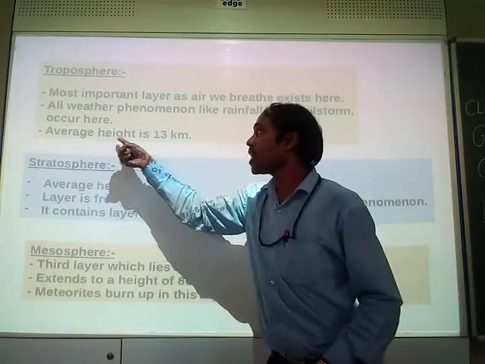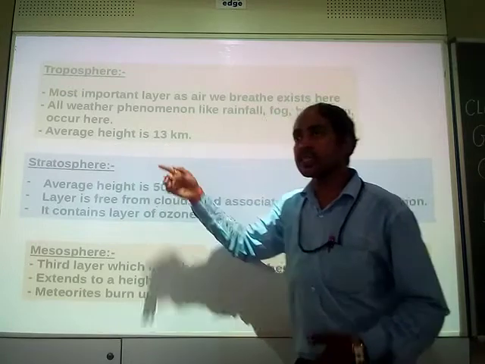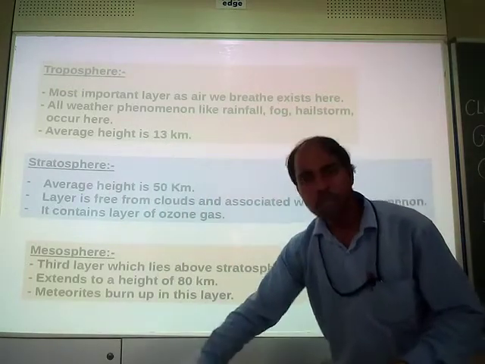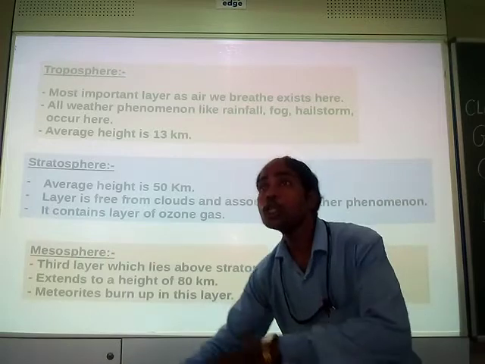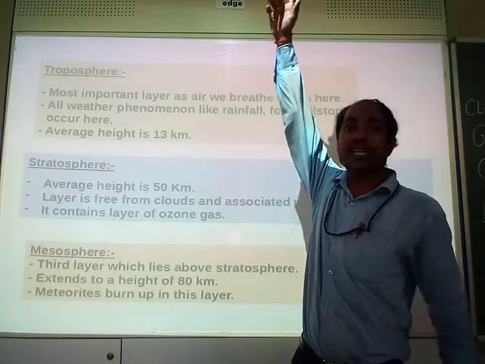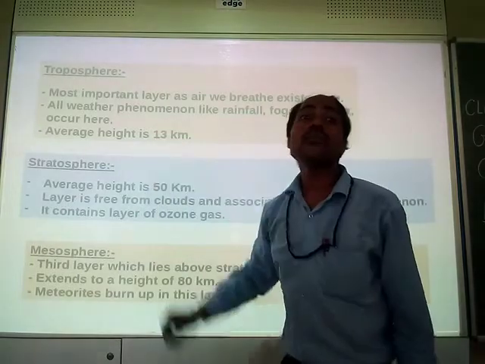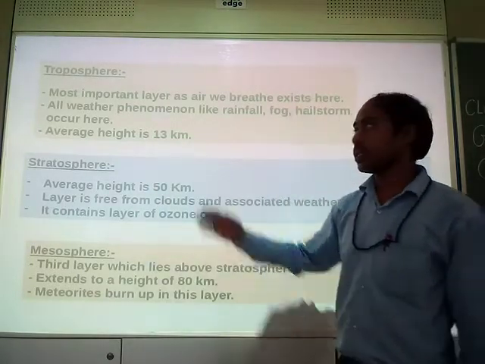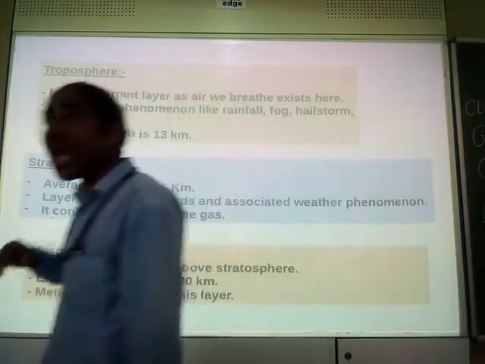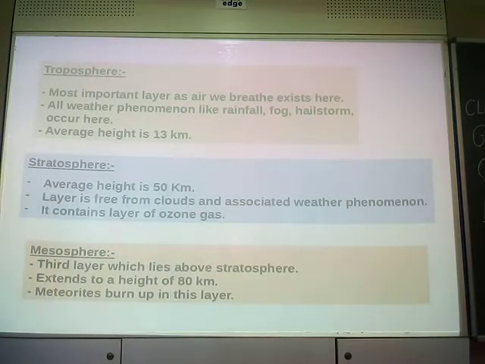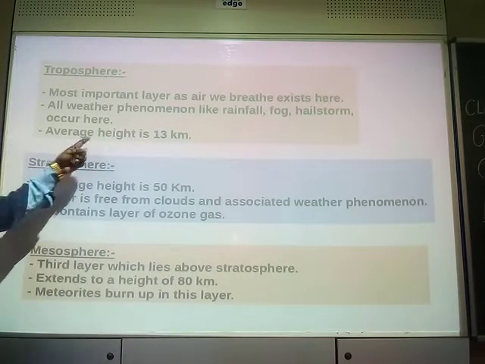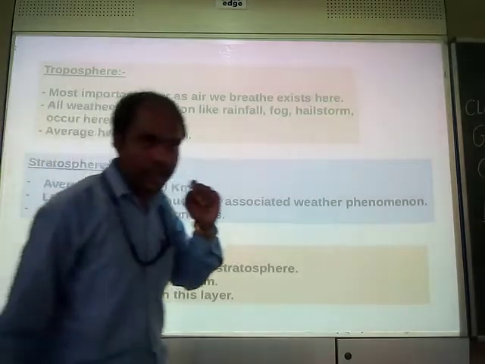And the average height is 13 kilometers. That means from 0 kilometer from ground to 13 kilometer that we go in the air, it consists of troposphere. These are the salient features of troposphere. Okay, so average height is 13 kilometers.